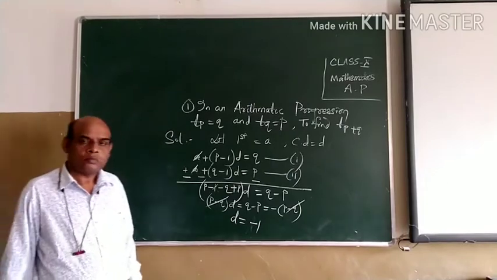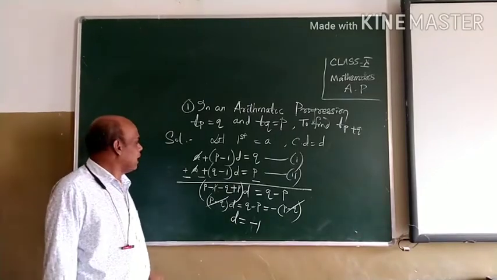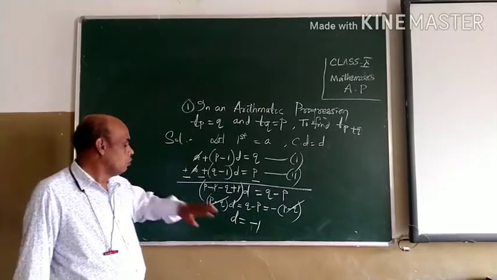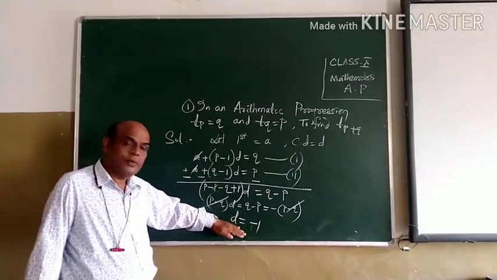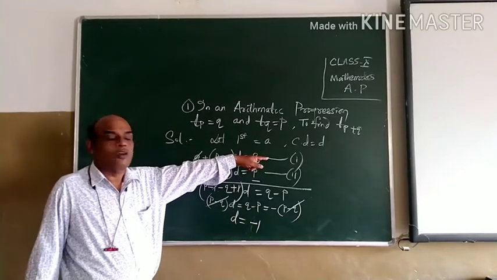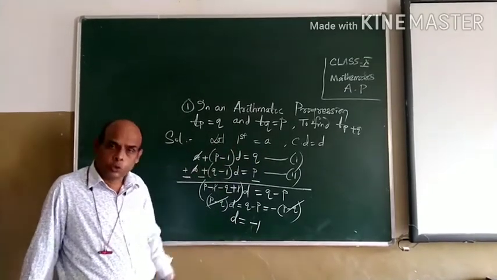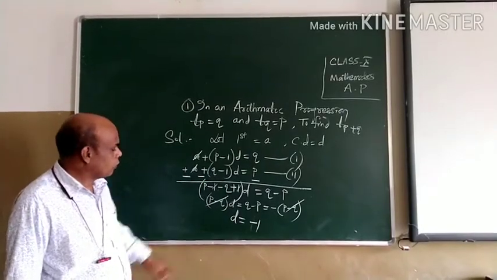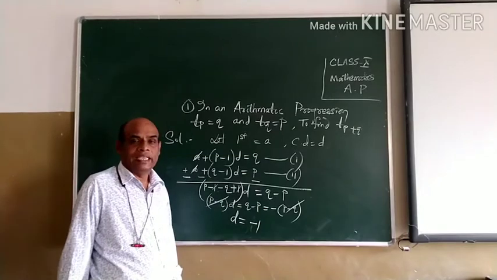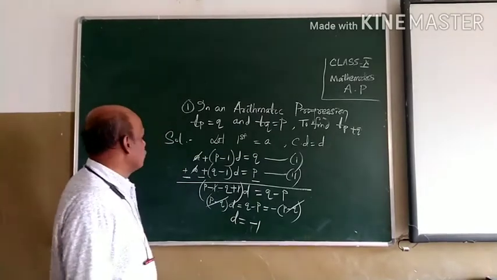So now our aim is to find out the first term. So what will we do? We just put the value of the common difference either in equation number 1 or in equation number 2. In any equation we will put the value of d, so that we will get the value of a. a means the first term.